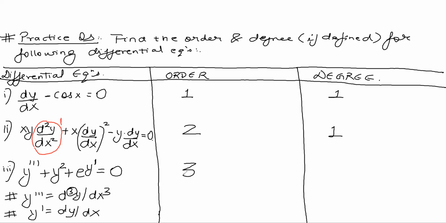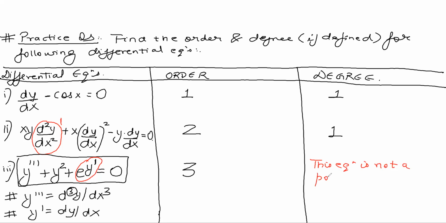No. Why? Because you can see the third equation is not a polynomial in the derivatives. It consists of the term e to the power y dash, e to the power dy by dx. So I can say this equation is not a polynomial in derivatives.